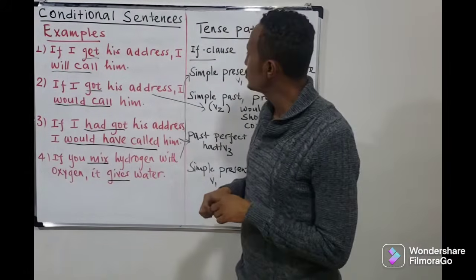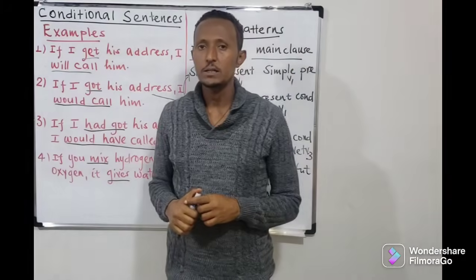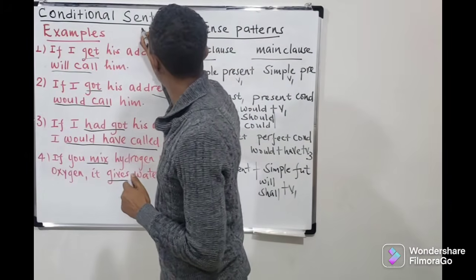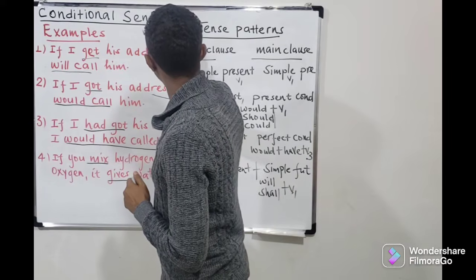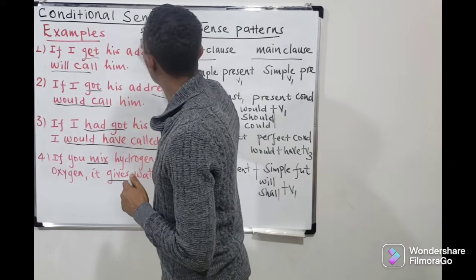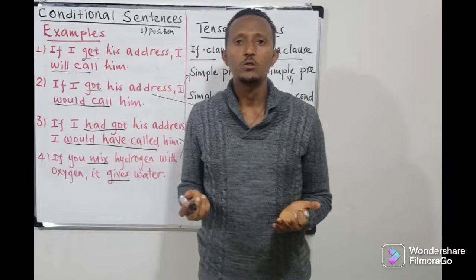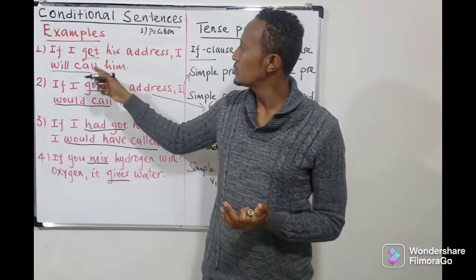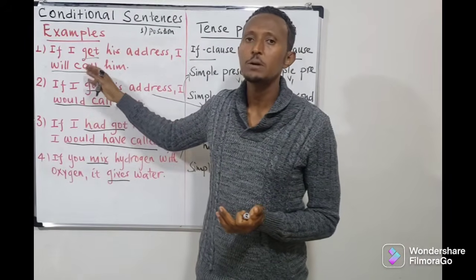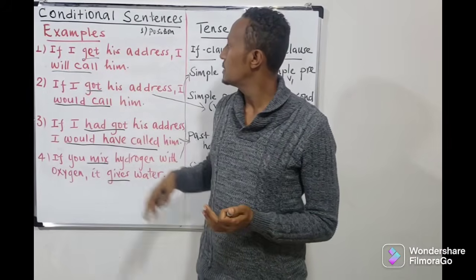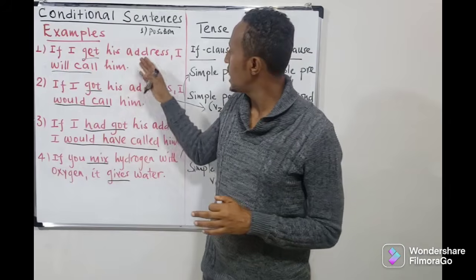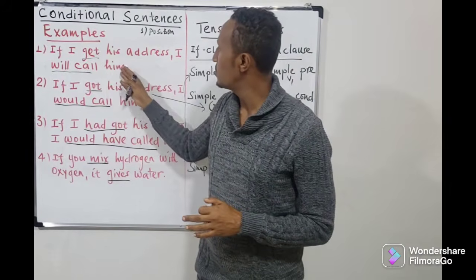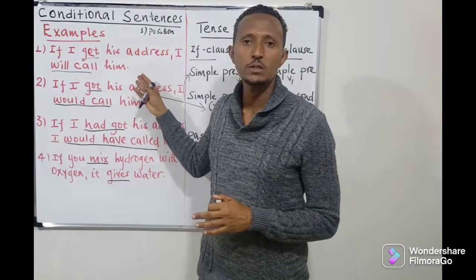Do not forget 2 things I would like you to consider. The first one is the position of the if clause and main clause. It's not only the if clause that always comes at the beginning. You can also place the main clause at the beginning. Wherever the place is, the tense patterns will never change. You can have "I will call him if I get his address" kind of sentence.